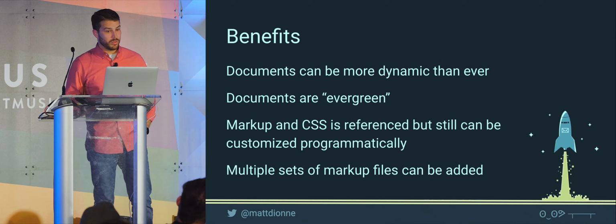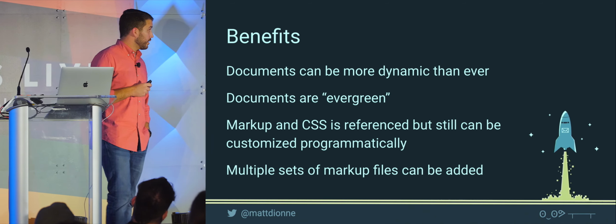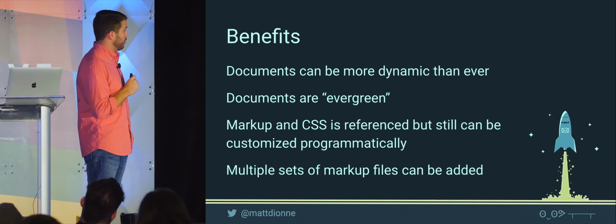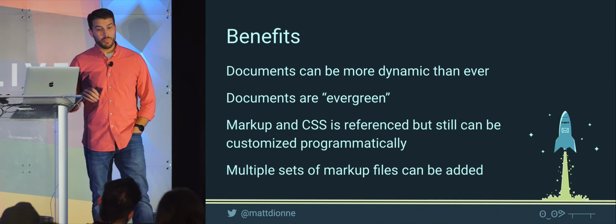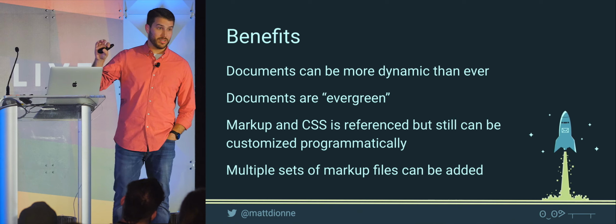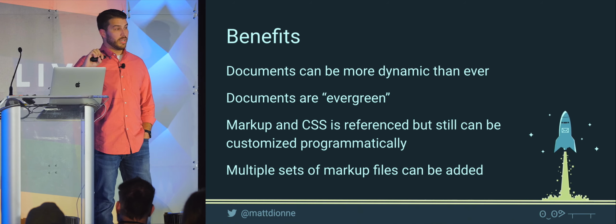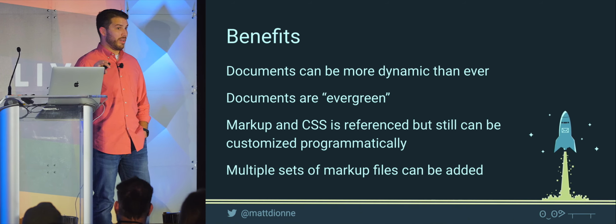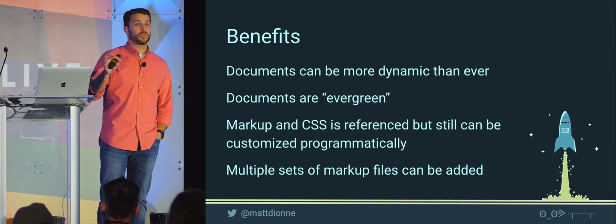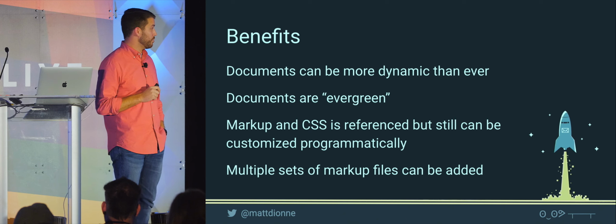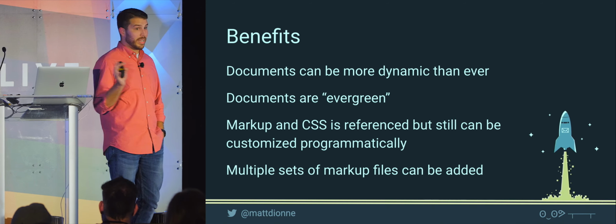The other nice thing about these things is that because the markup is separate, you can provide different sets of markup. So back in that example where we had the files section and it was nested under an email key, you can have an email key and an AMP key and a web key, and then the renderer can just request those different file types, and the document doesn't care.